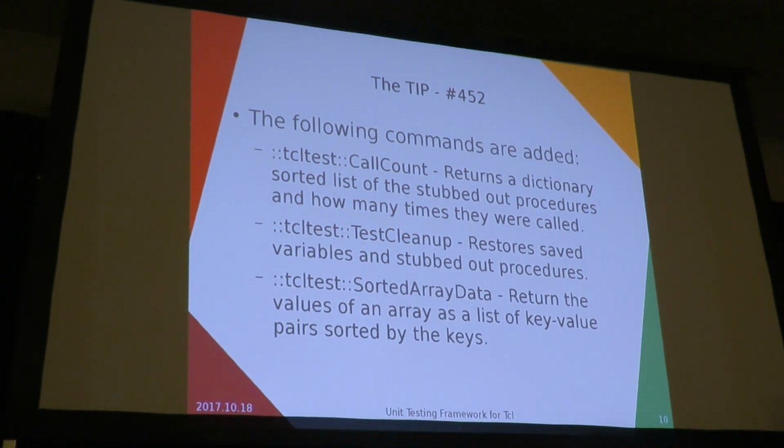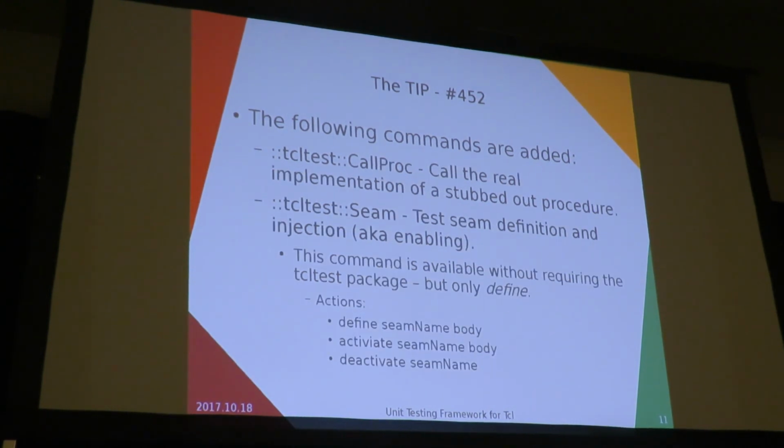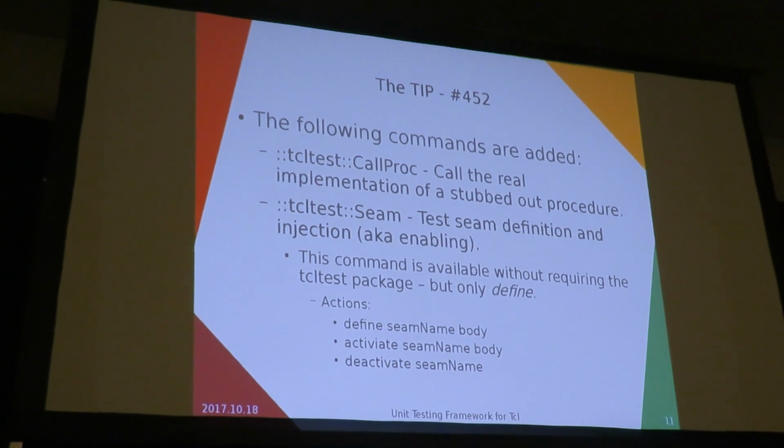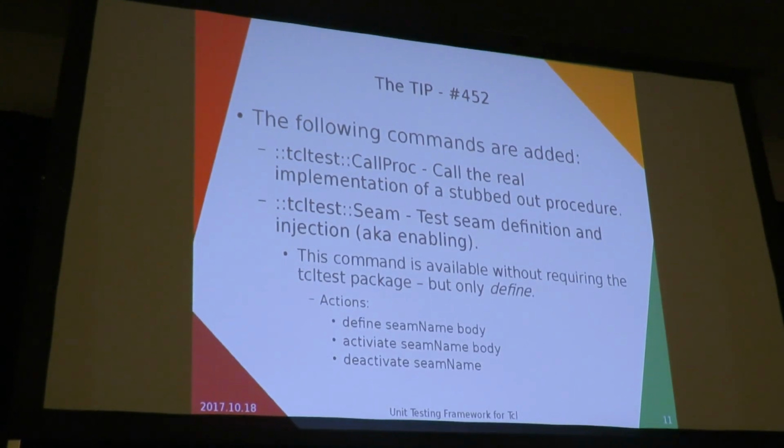It's not really a stubbing thing, but it sorts them so that they're always returned in a known order. That was just something I threw in because I was finding I was using it a lot. And this is, again, maybe it should be exposed, but it's there right now. It's called proc. It calls the real implementation. That's used basically where if you say use actual.